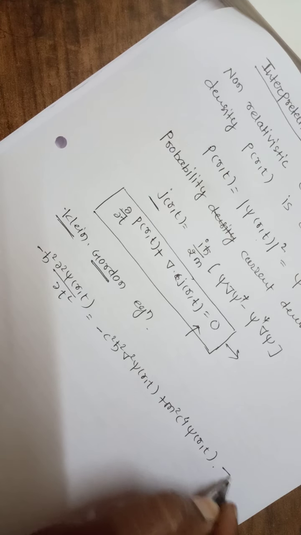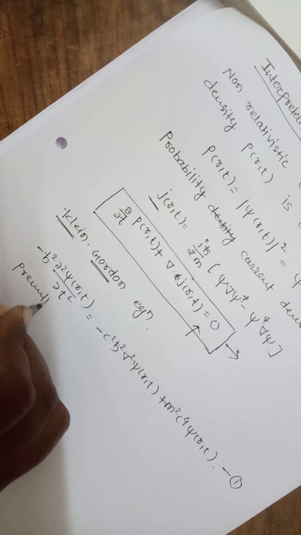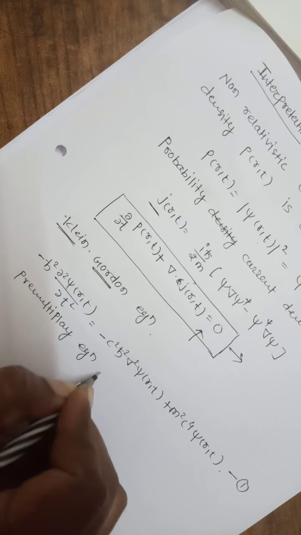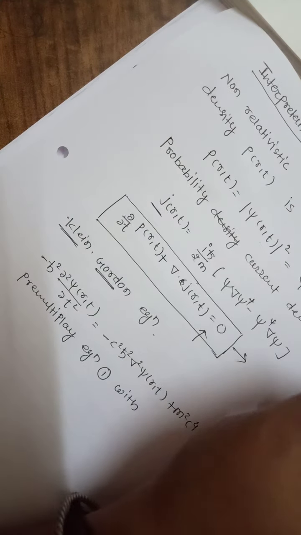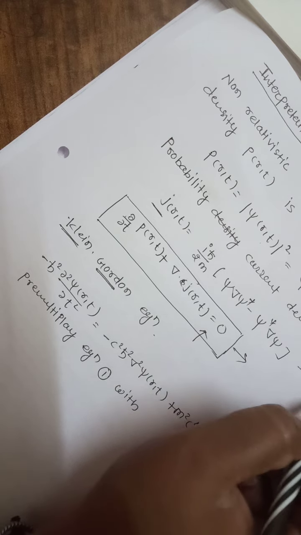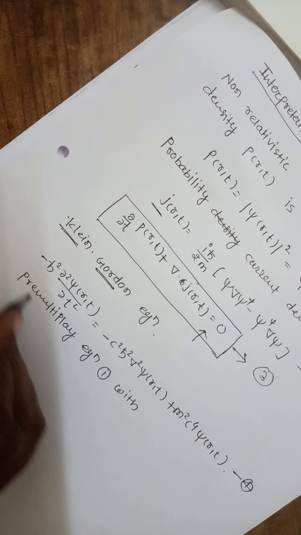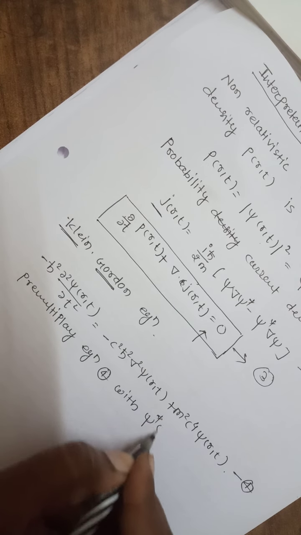Now pre-multiply that equation, which we call equation 4, with psi star of r,t.